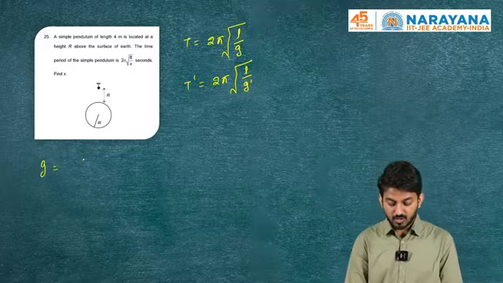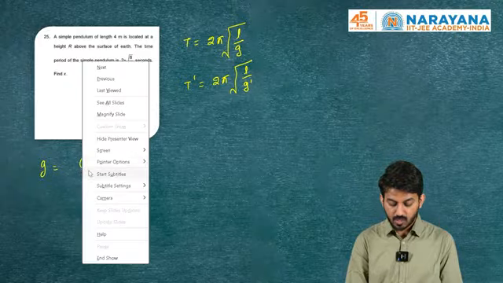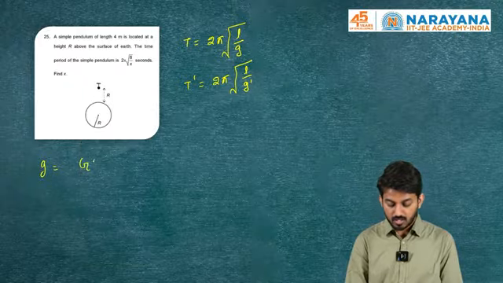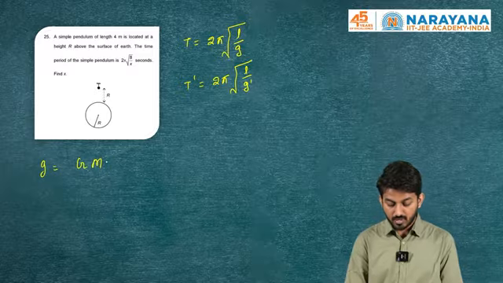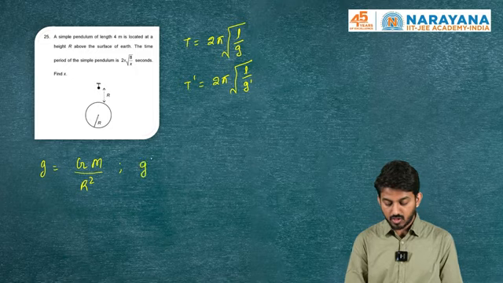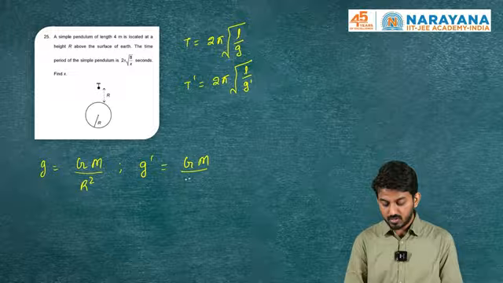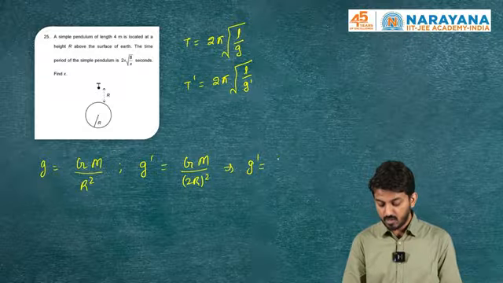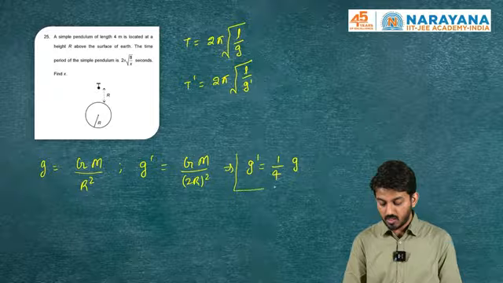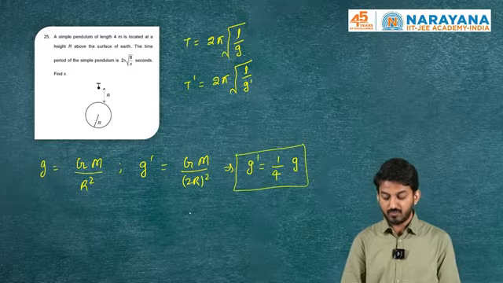Now, the G value at the surface is equal to G times the mass of the Earth, divided by radius square. And this G prime is going to be G, same mass, but now the distance here is 2r, giving us G prime is equal to 1/4 of the value on the surface.